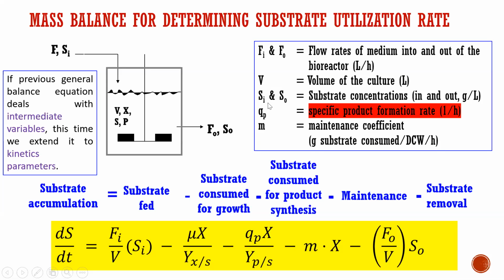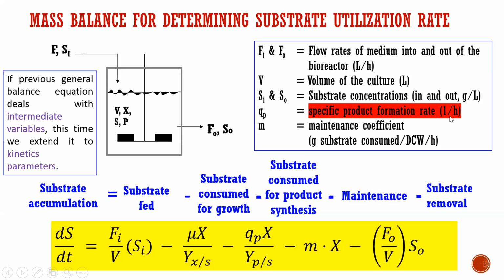Substrate: initial substrate concentration, inflowing substrate concentration, outflowing substrate concentration, or substrate concentration at the outflowing fraction. You have QP. What is QP? You can just take note, look at this subscript. P means product. So this whole means specific product formation rate.